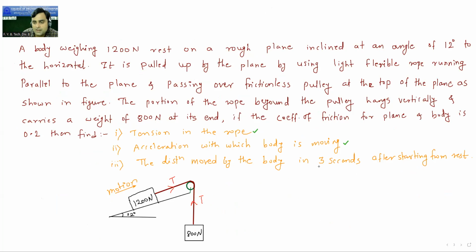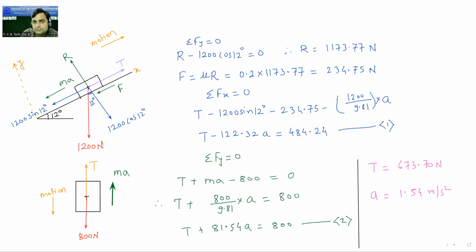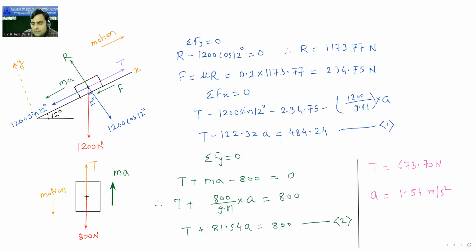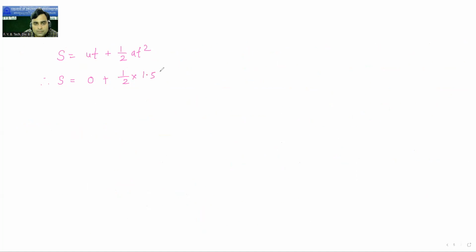The distance moved by the body in 3 seconds. So time is given, after starting from rest. So initial velocity is 0. Okay. So we need to calculate the distance. How do we calculate that? So we will use S is equal to ut plus half at square. So therefore, S is equal to, this term is 0 because it is starting from rest, half into A, 1.54, into time is 3 seconds.